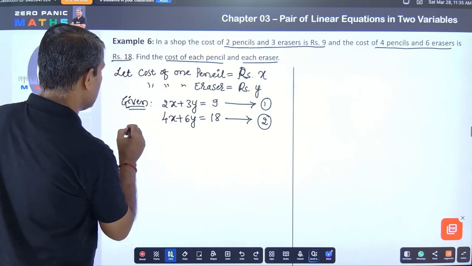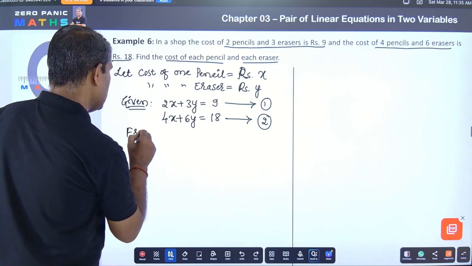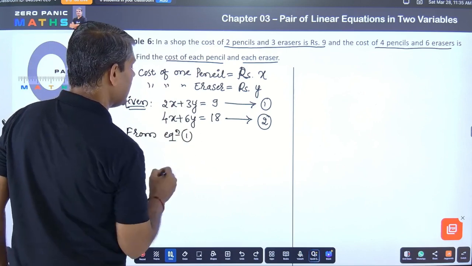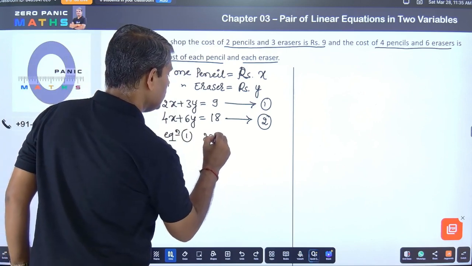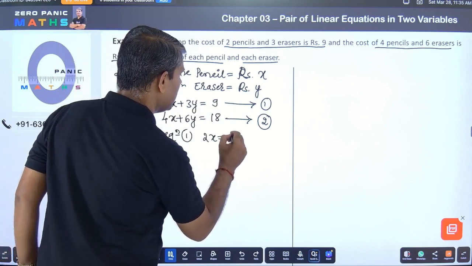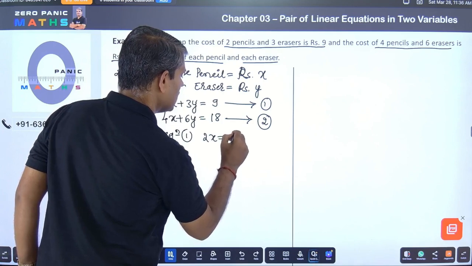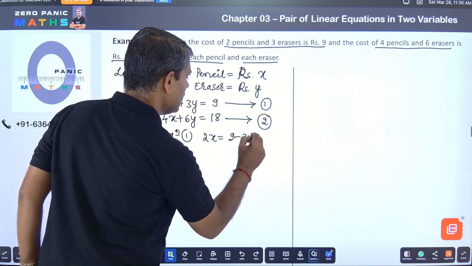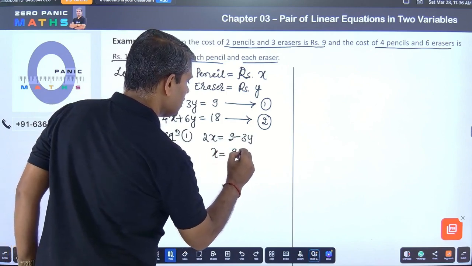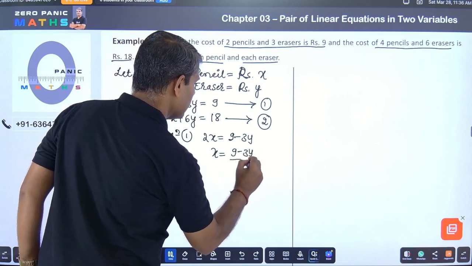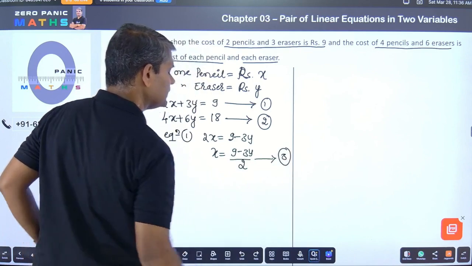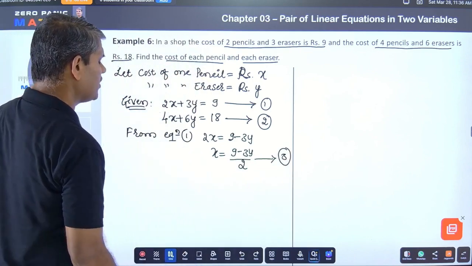So let me consider equation 1, and from equation 1 I can say 2x is equal to, keeping x, taking y to that side, 9 minus 3y. And x is equal to 9 minus 3y divided by 2. I will call it equation 3.